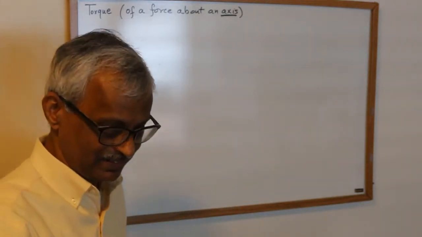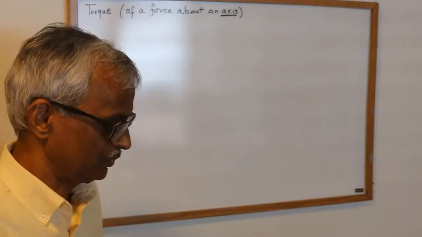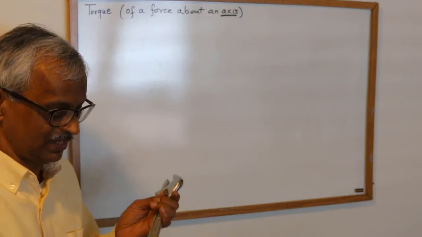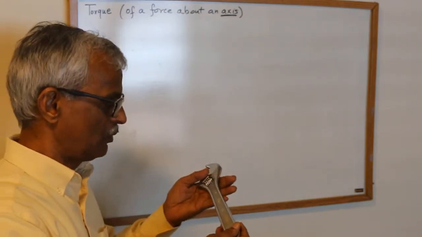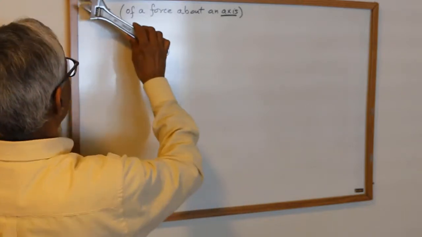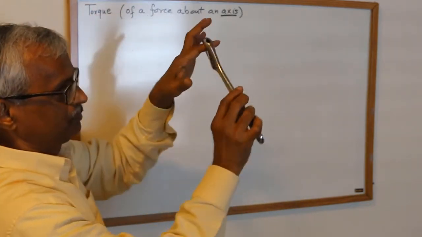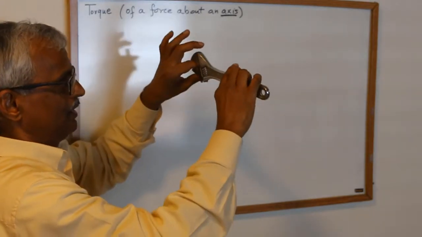So let's take a demonstration of something that we want to exert force on. Say here is a wrench. I want to exert force on the wrench so that I'm trying to tighten a nut here.